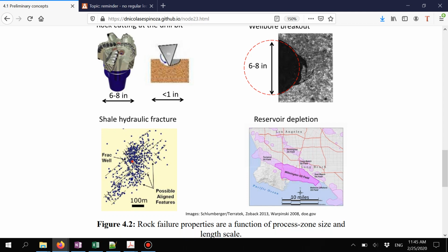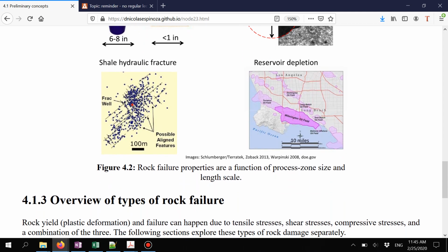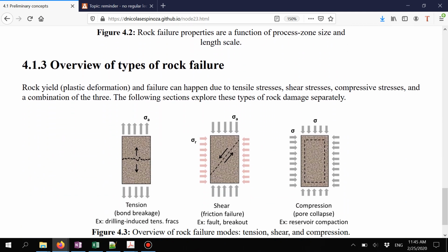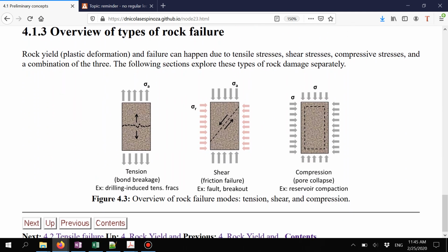All right, so let's get started in talking about failure. And today we're just going to talk about tensile strength. And this is what you're going to see in the laboratory tomorrow. Remember that there is a laboratory tomorrow, and that you're going to do a Brazilian test.